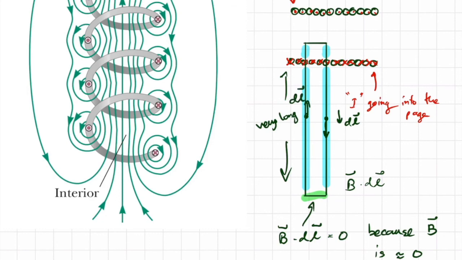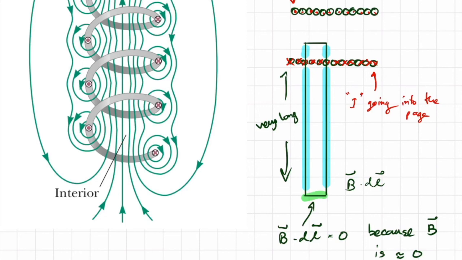So any B·dl you have on this side will get cancelled out by the one next to it on the other side, because the direction of dl flips. So even if you have a non-zero magnetic field that gives you a non-zero B·dl at this point, then this point here will give you exactly the same value but with a negative sign.